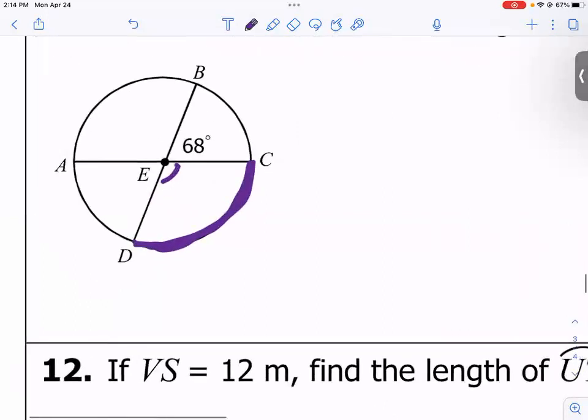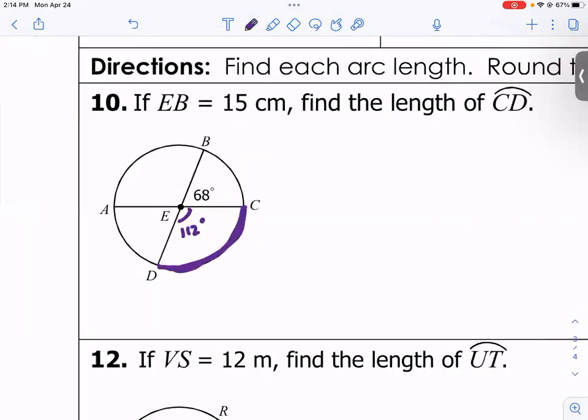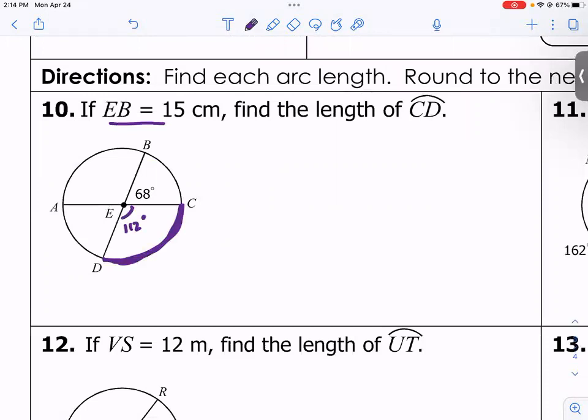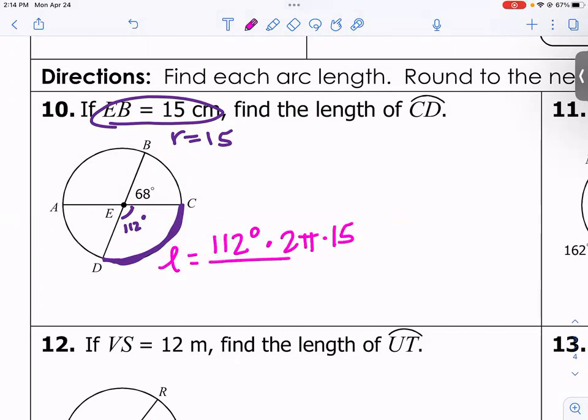Okay, so this is 112. Since our radius is 15, the length of this arc is 112 times the circumference divided by 360.